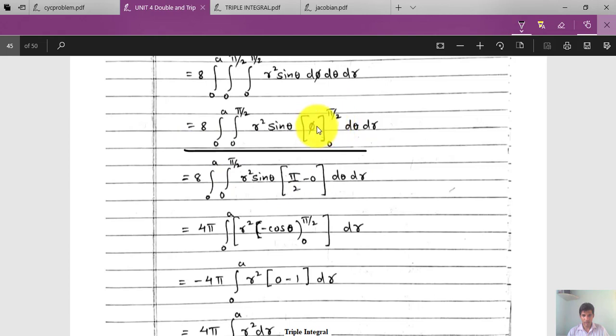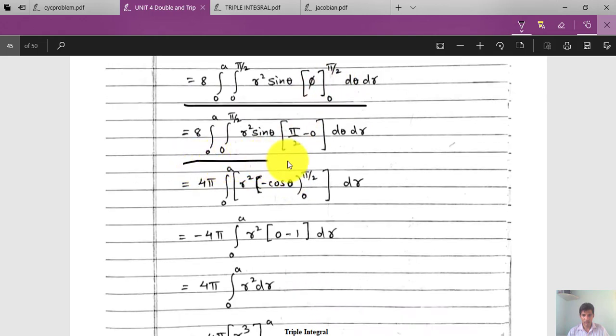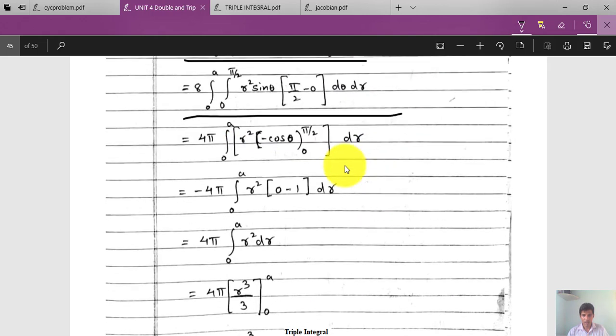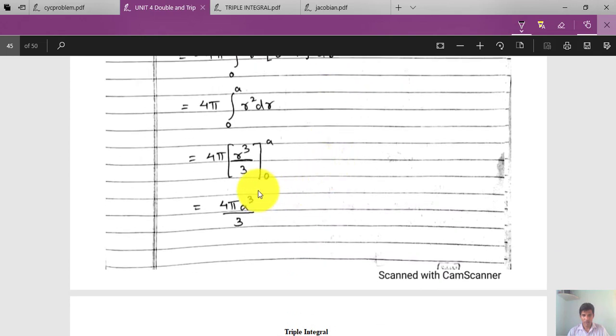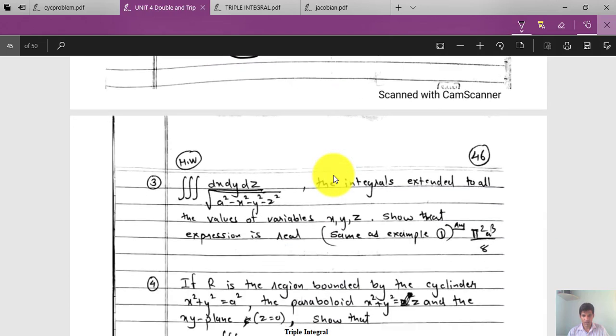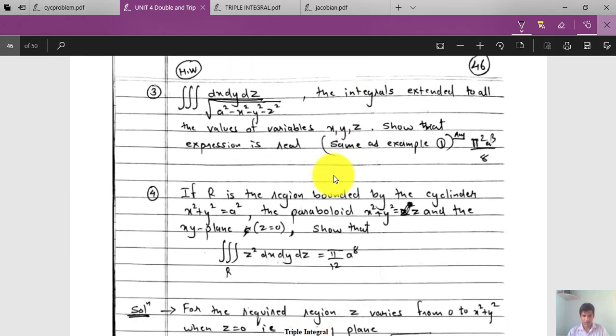Evaluate it with respect to d phi, then with respect to d theta, then with respect to dr, and finally you get this particular answer, right? Okay, yes. So this is for your homework.